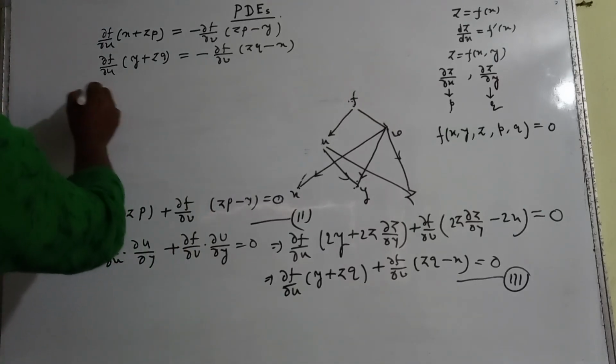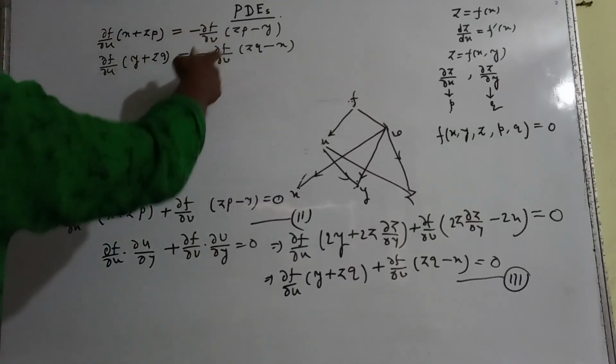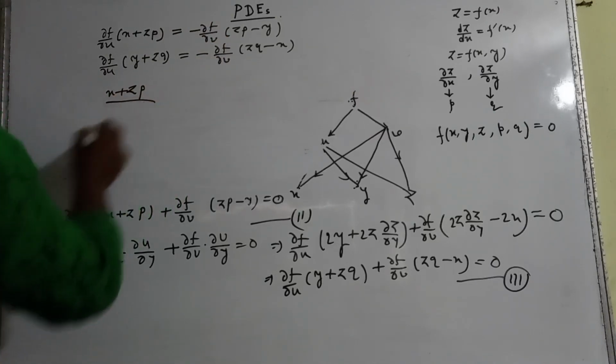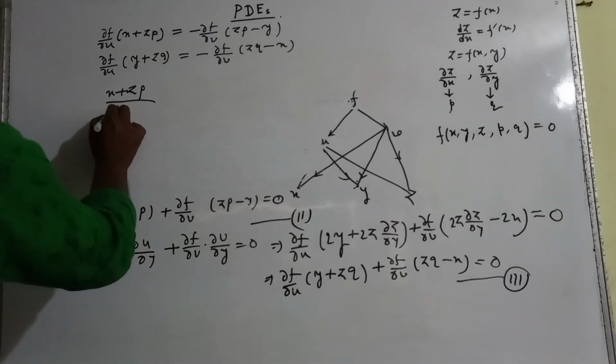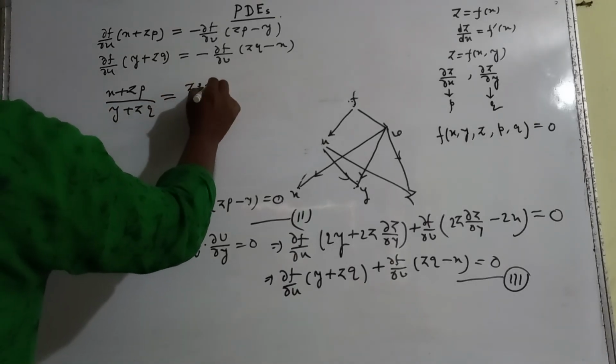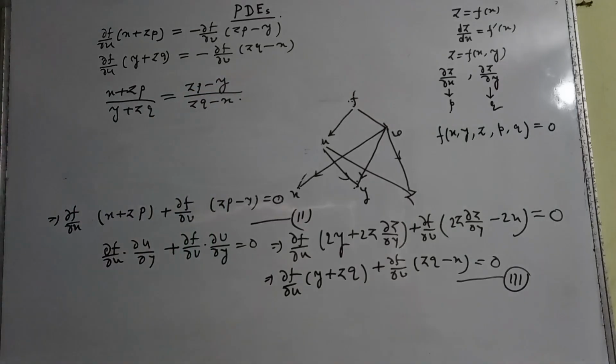Now divide. Then this will cancel, and it will be x plus z p by y plus z q equal to z p minus y divided by z q minus x.